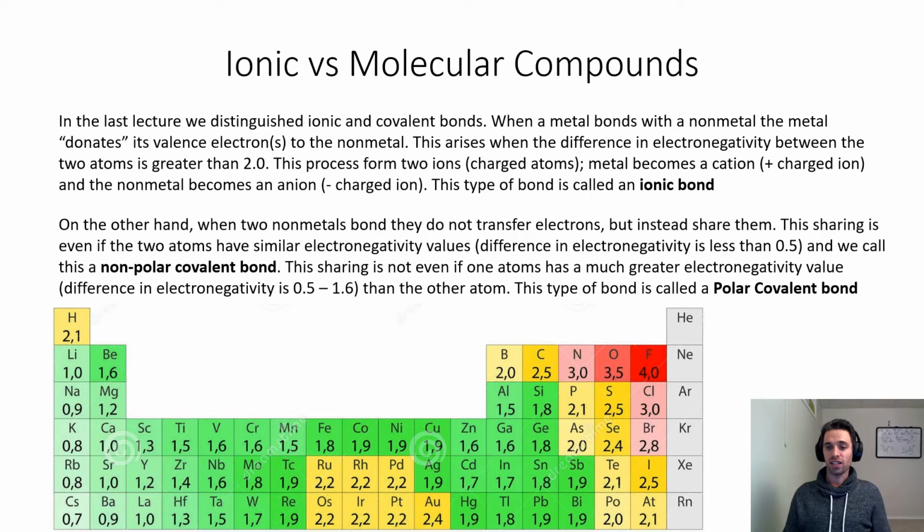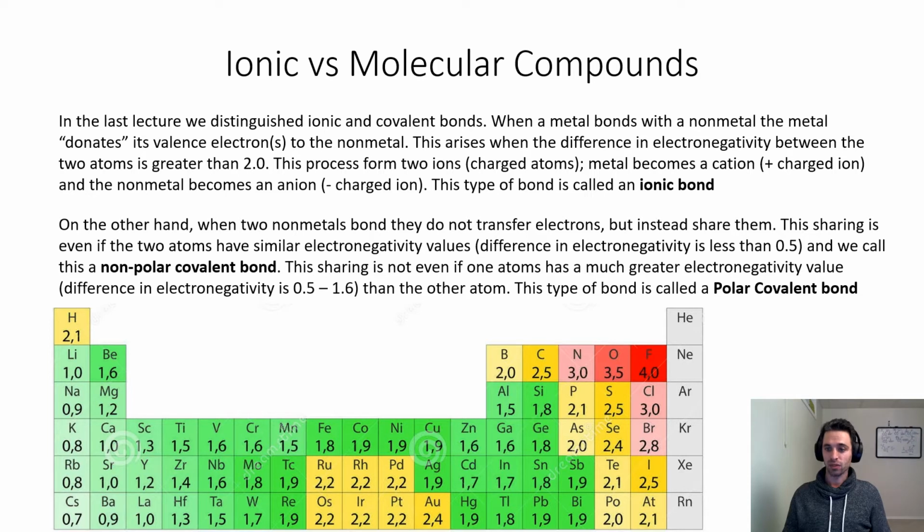On the other hand, if the sharing of electrons is not even because one atom has a much greater electronegativity value, i.e. the difference in electronegativity is 0.5 to 1.6, this type of bond is called a polar covalent bond.